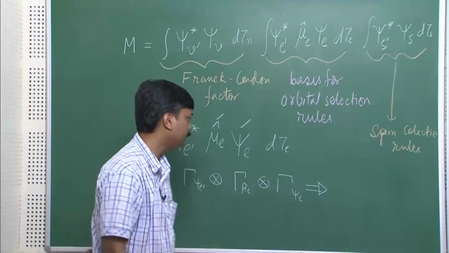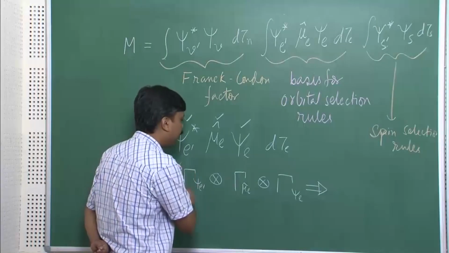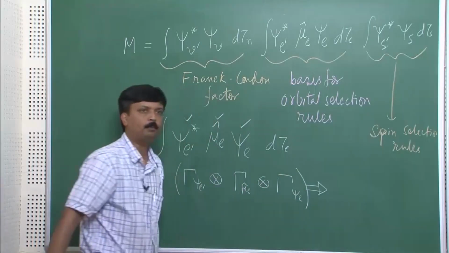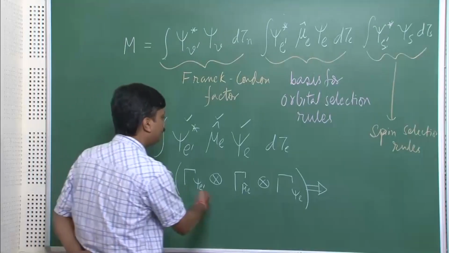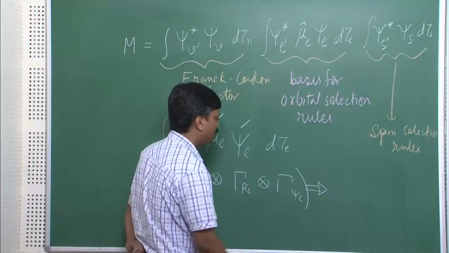So this is a triple direct product, right? We have three different irreducible representations and a direct product among them.